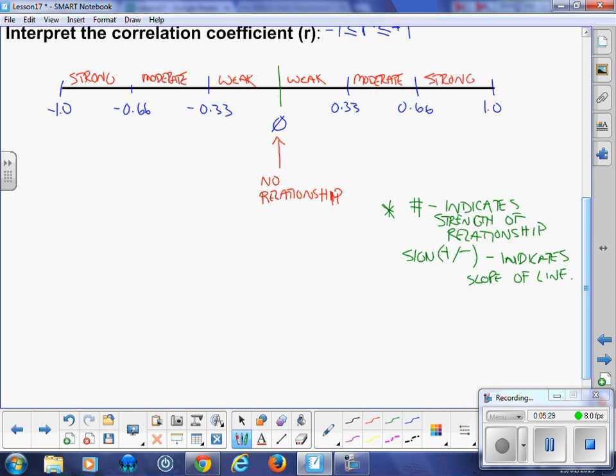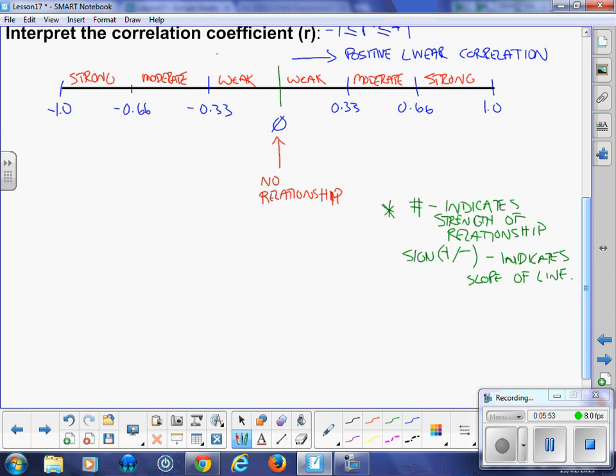We call the positive values a positive linear correlation. So if you get an R value of positive 0.7, we say it is a positive, strong linear correlation.